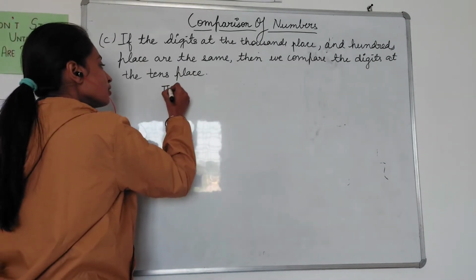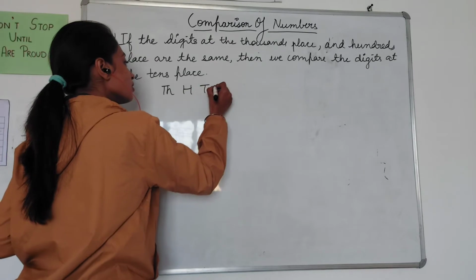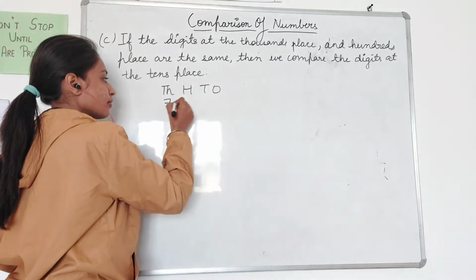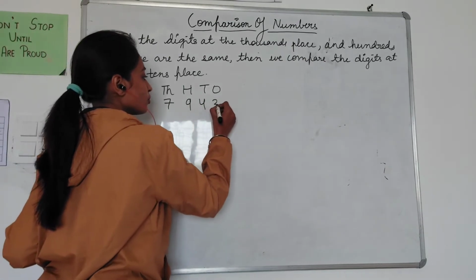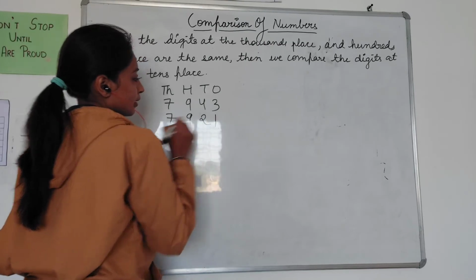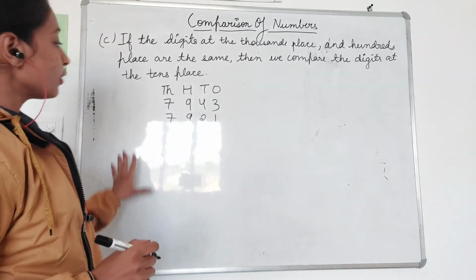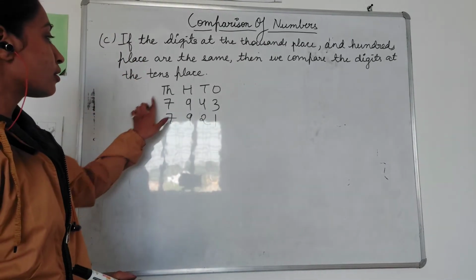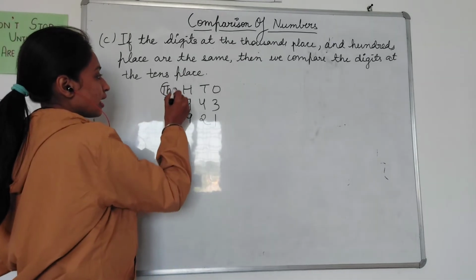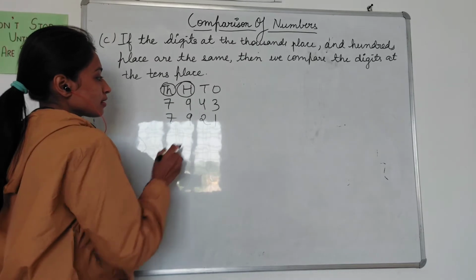Let's take 7, 9, 4, 3 and 7, 9, 2, 1. Okay, and now in this question, the numbers have the digits at thousands and hundred places the same.